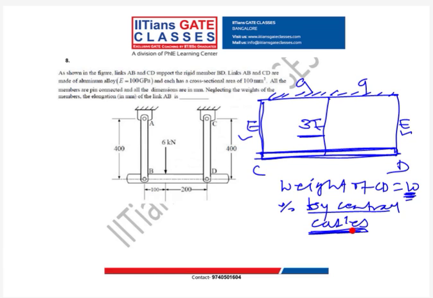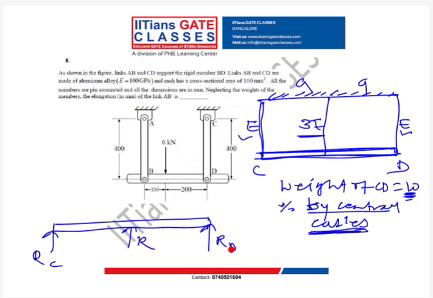In this case, the deflection will be the same. See how we can solve. If you break it, you will have one RC, there is a middle reaction R, and this is RD. Now since it's uniform, it's symmetric, so RC will be equal to RD.